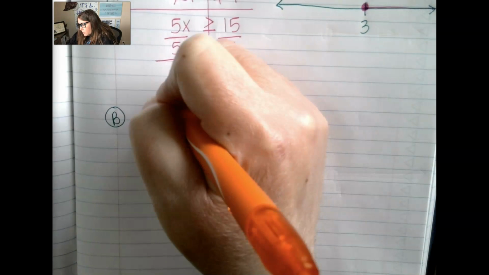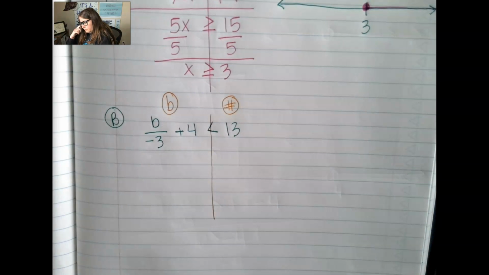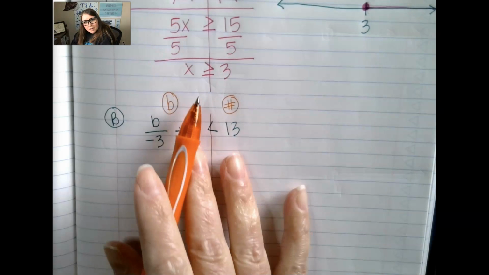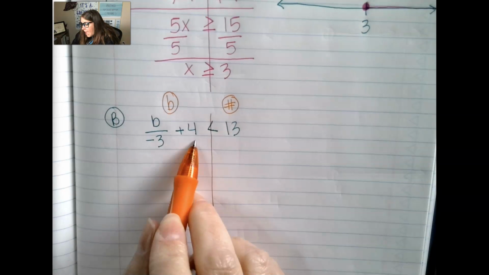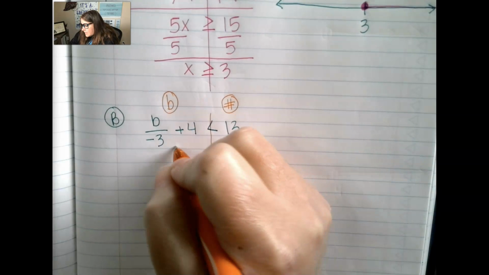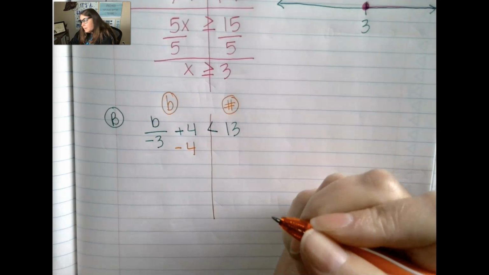In this example, again, we start by drawing our balance line. I want b's on one side and numbers on the other. We're going to start at the 4, which happens to be add 4. The opposite is subtract 4. That's step number 1.